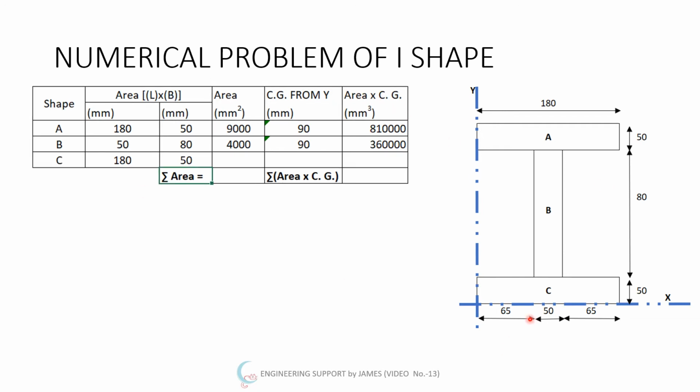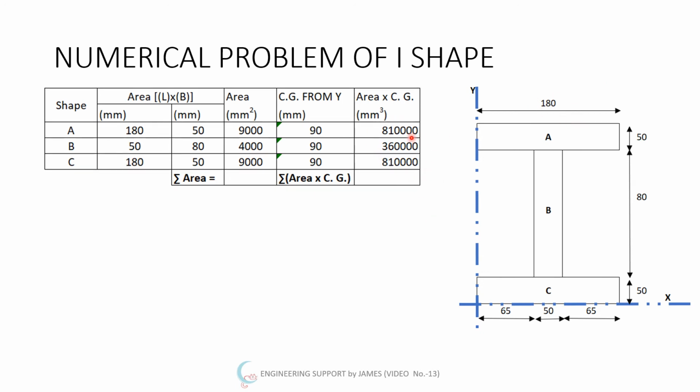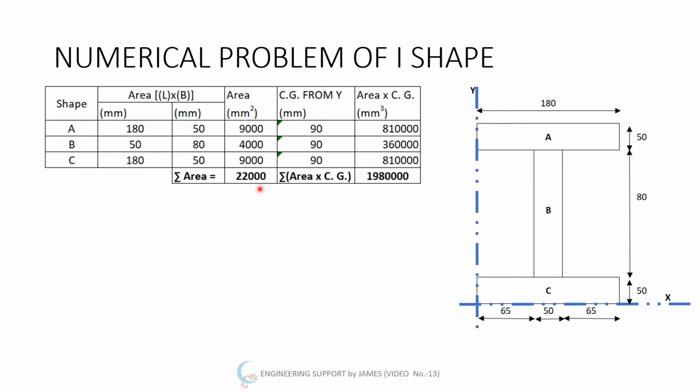Next is C. C is exactly the same as A in this particular case, so I'm not going to explain it. You can see here it is 180 multiplied by 50, which will be equal to 9,000, and CG will be 180 divided by 2, so it will be exactly 810,000. So we will calculate the total area here, that is 22,000, and the area multiplied by CG equals 1,980,000.